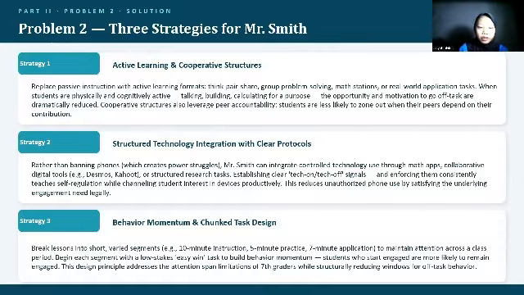Strategy 3. Behavioral momentum and chunked task design. Break lessons into short, varied segments. For example, 10 minutes of instruction, 5 minutes of practice, 7 minutes of application. To maintain attention across a class period, begin each segment with a low-stakes, easy-win task to build behavioral momentum.